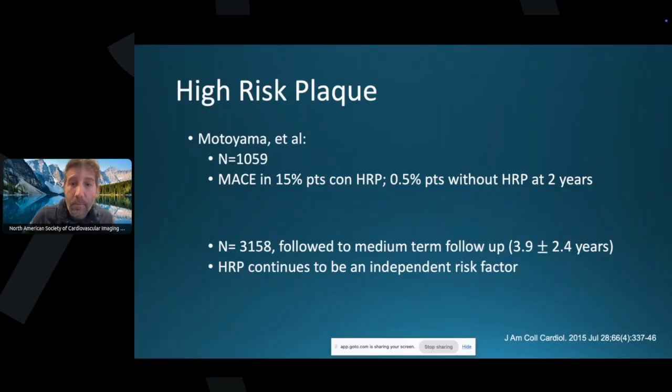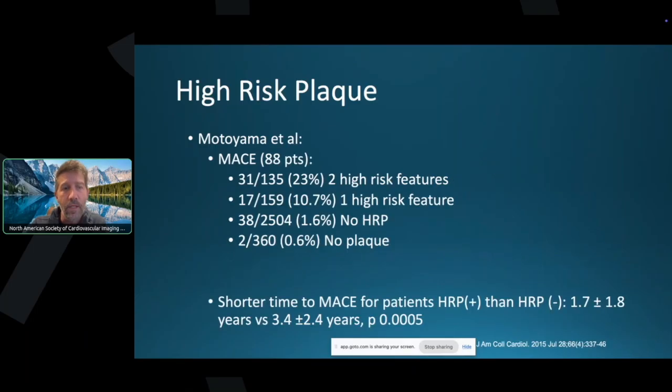It's more common to see MACE in patients with high risk plaque than those without high risk plaque when followed at 2 years. For those followed to medium and longer term follow-ups, high risk plaque continues to be an independent risk factor for MACE. And this is interesting.